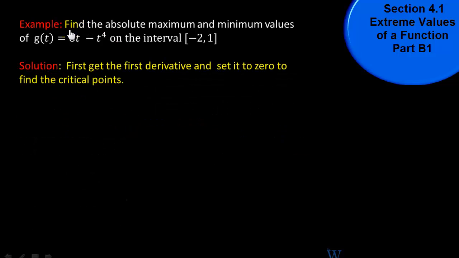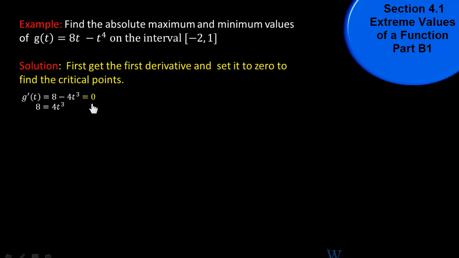Another example: find the absolute maximum and minimum values of g of t equal to 8t minus t to the fourth on the interval from negative 2 to 1. Again, take the first derivative, set it equal to 0, and then of course we find the critical points. G prime of t is 8 minus 4t cubed.